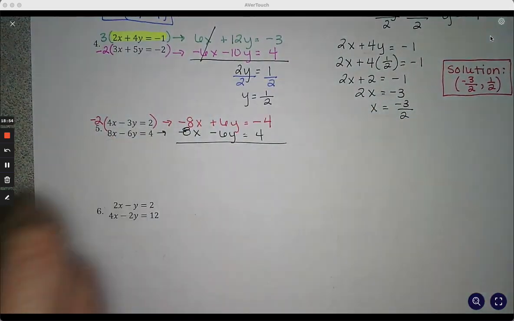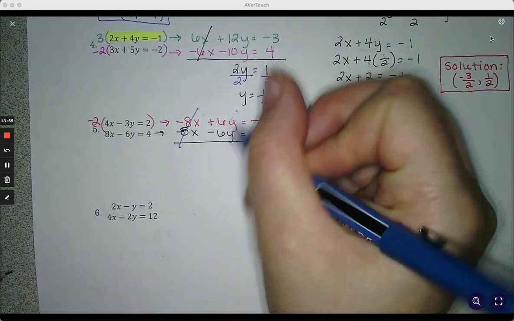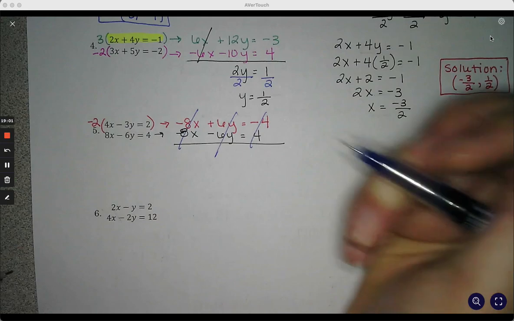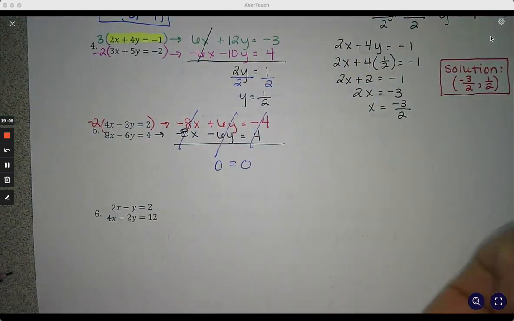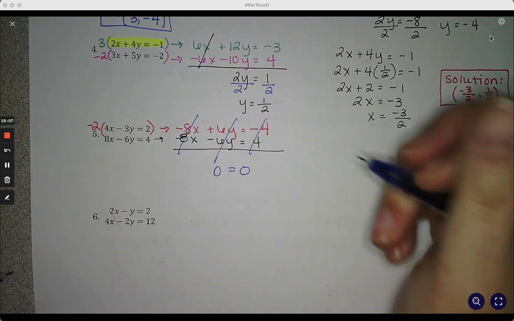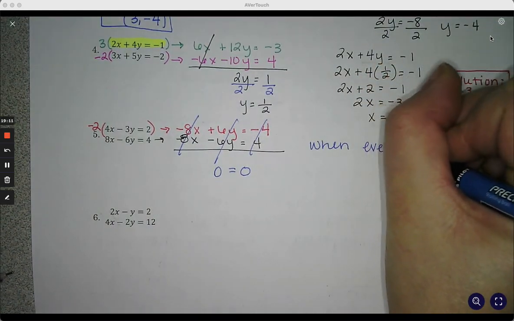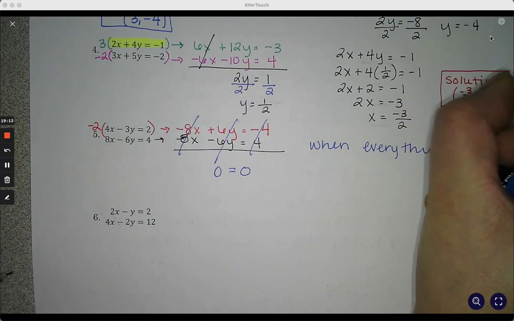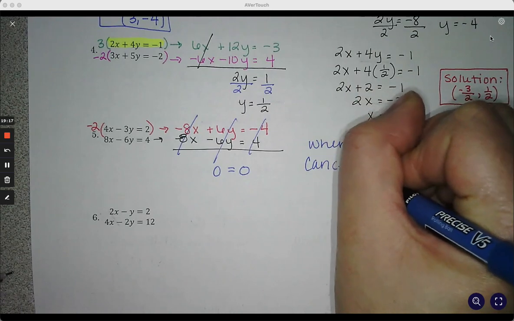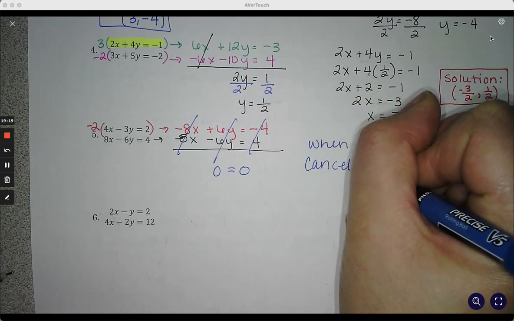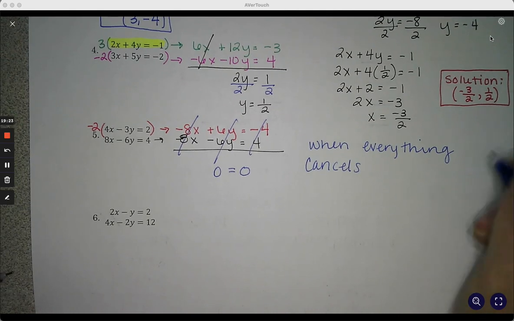So when I add it all together, everything cancels. So I'm left with a 0 on this side equals a 0 on this side. So when everything cancels, I think that's how you spell it. If not, oh well.